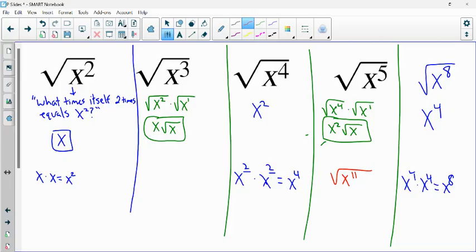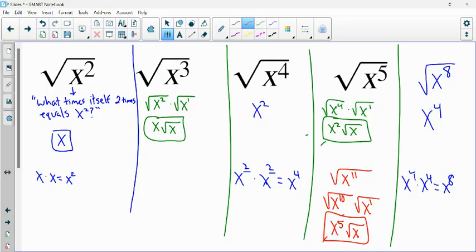X to the 10th. We're just trying to find an even exponent. So x to the 10th times x to the first. Okay? We're looking for an even exponent. We don't want the exponent to be a perfect square. We want the whole thing to be a perfect square. So we're looking for an even exponent. So what's the square root of x to the 10th? X to the 5th. And then we would leave square root of x as the square root of x. Okay, so that's how you do square roots for exponents.